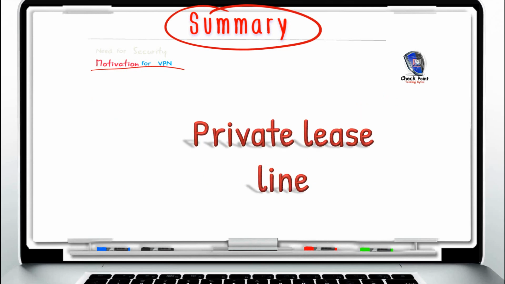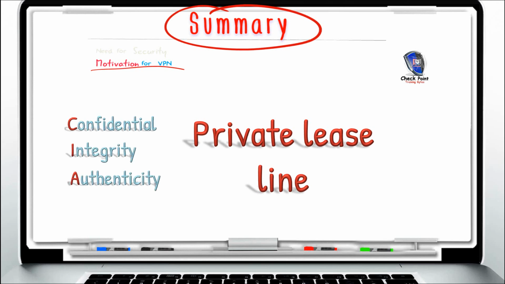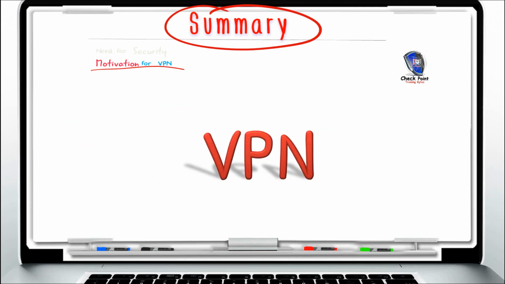We discussed how a private lease line was introduced and created to secure traffic amongst organizations, local networks, and remote network infrastructures, and how a private lease line offered security protections like the CIA: confidentiality, integrity, and authenticity. But a private lease line was very expensive, which in turn helped motivate the start of the VPN security industry.